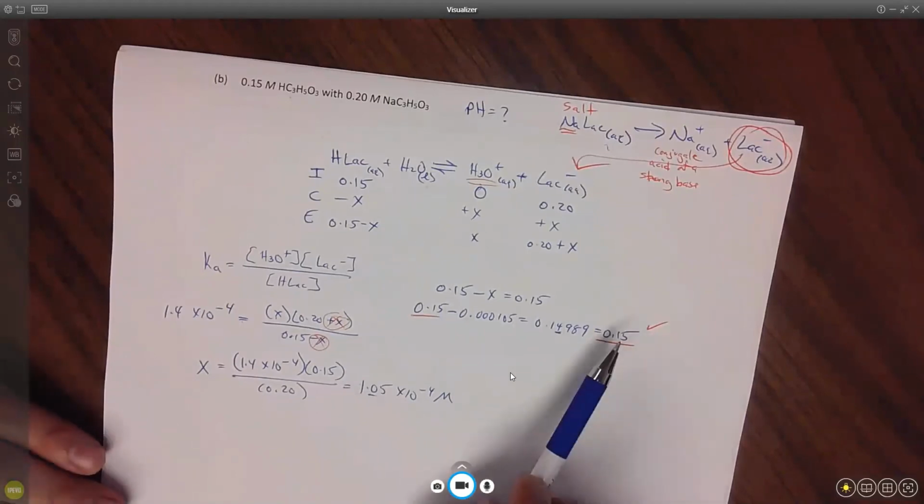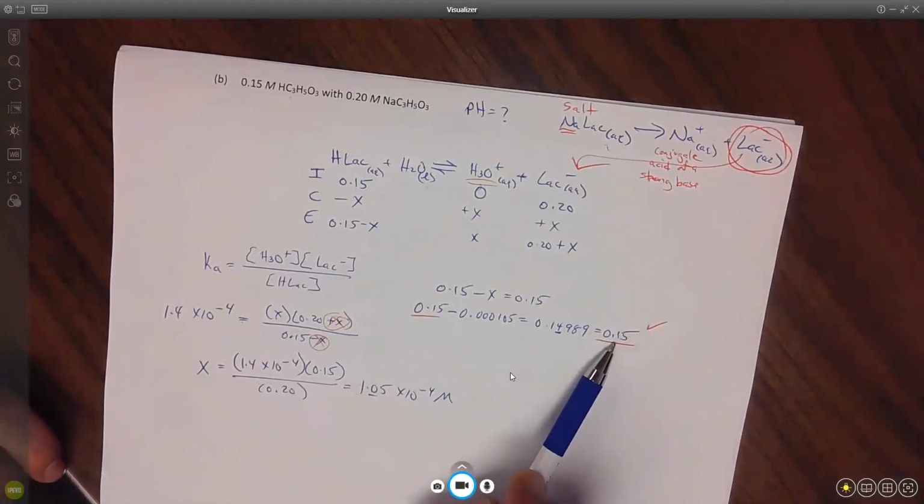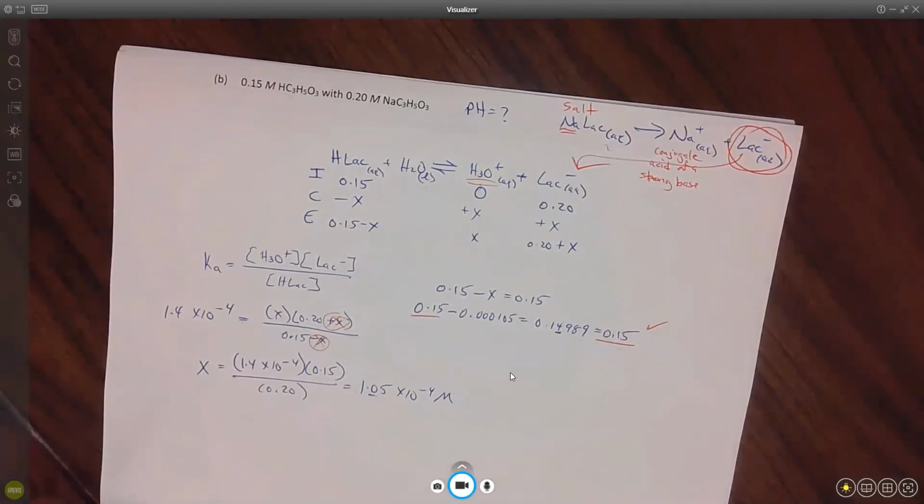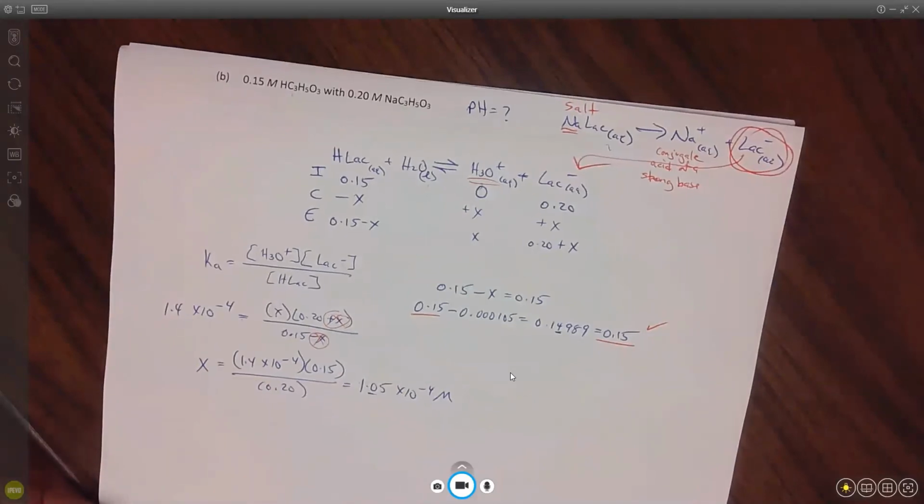What if, though, this came out to be 0.014? Then what do I have to do? Have to go back and solve the quadratic equation. Exactly, right?